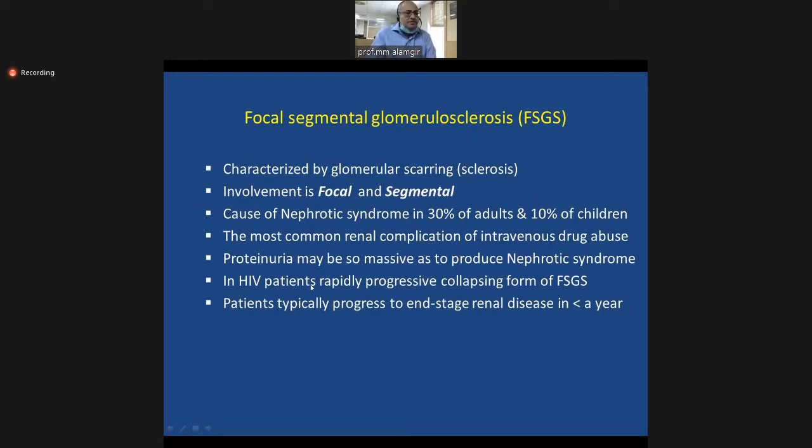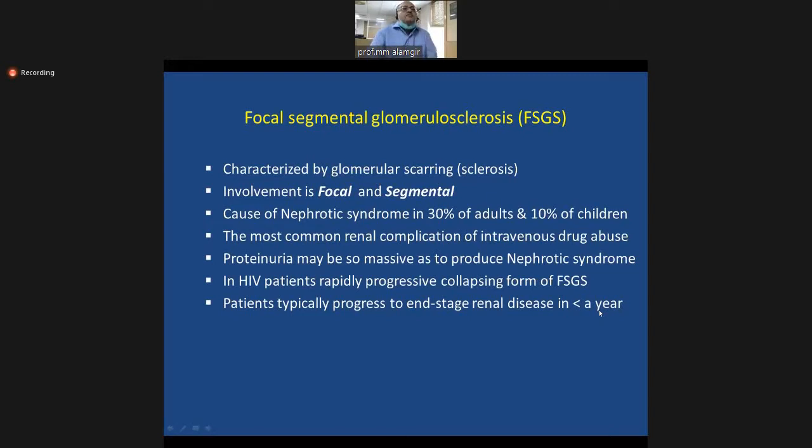In HIV patients, we encounter a rapidly progressive collapsing form of focal segmental glomerulosclerosis. So this category of primary glomerulonephritis is also fairly common in HIV patients. Patients typically progress to end-stage renal disease within 1 year. So although it's an indolent process, it's not that indolent.